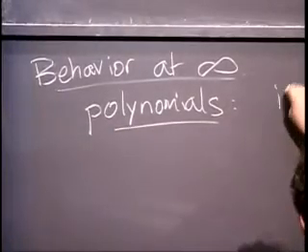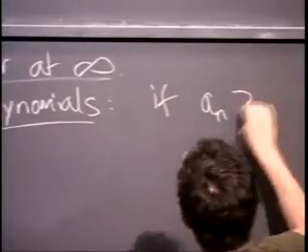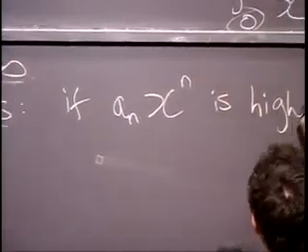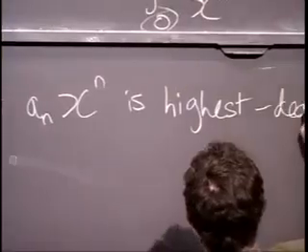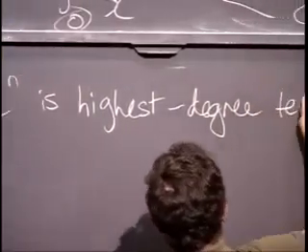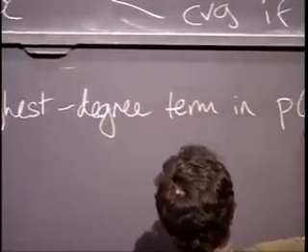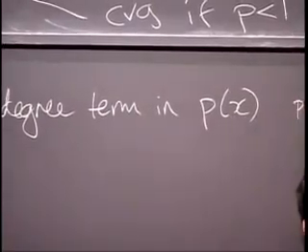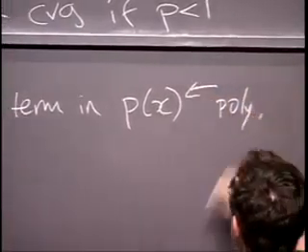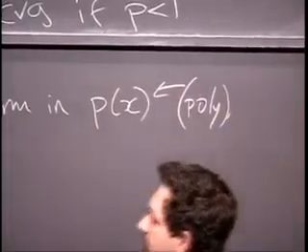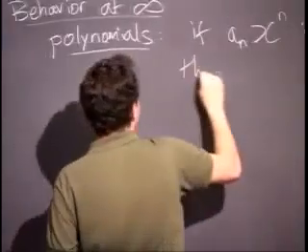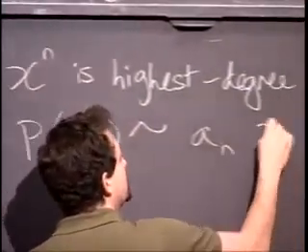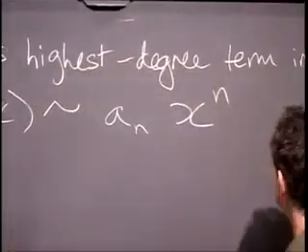that if a_n x to the n is the highest degree term in some polynomial, where this is a polynomial, then p of x twiddles its highest degree term as x goes to infinity.